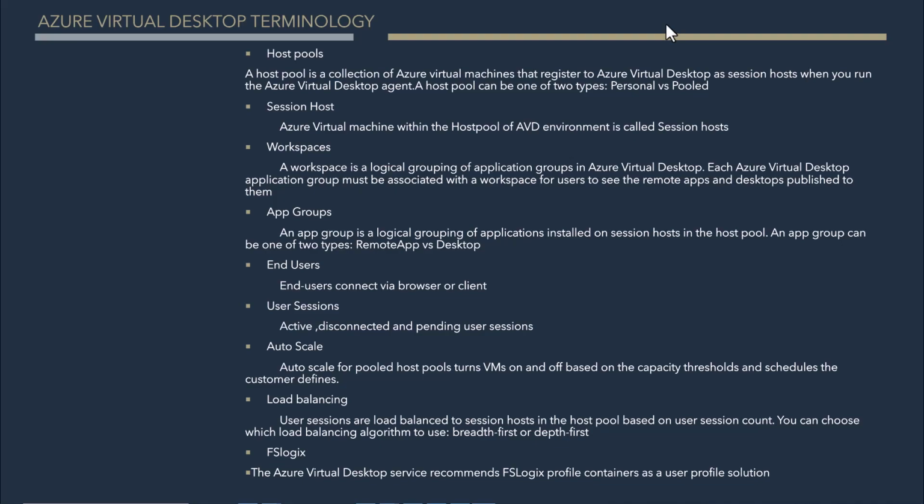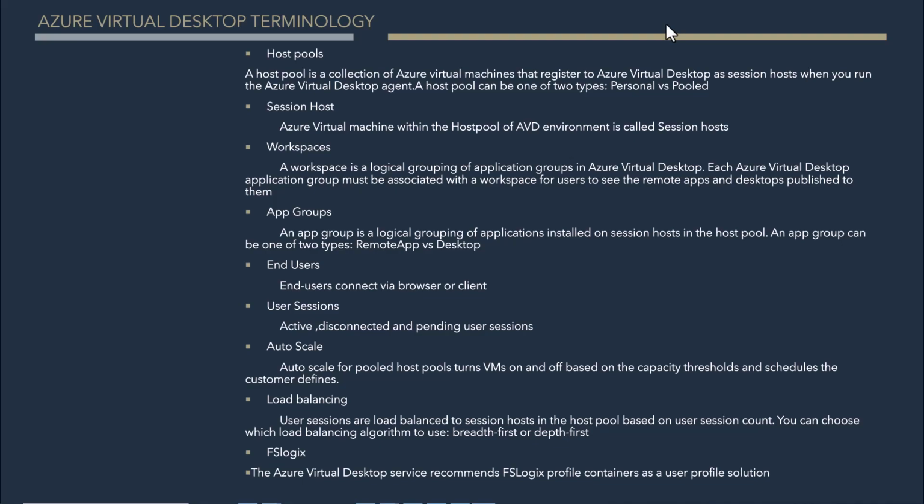Okay, app groups. An app group is a logical grouping of the applications on a session host. An app group can be of two types, remote app or full desktop. End users are the ones who benefit from this AVD. I'll be saying WVD and AVD because I used to say WVD all the time, and now it's AVD. So in my mind, it is still WVD.